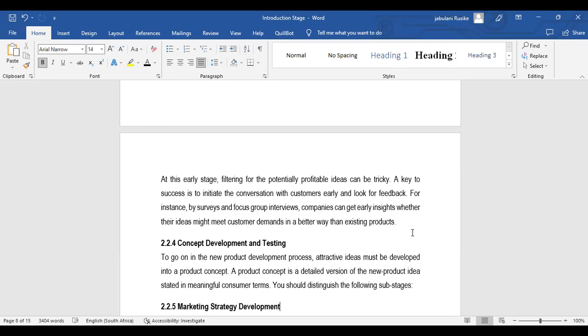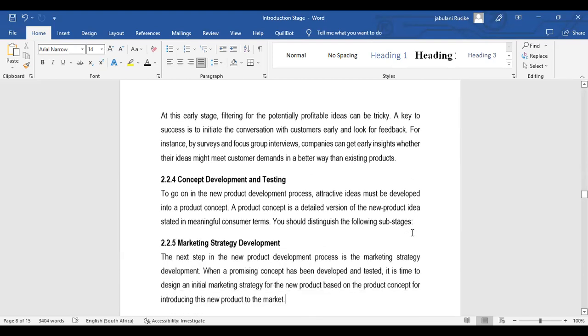So this is what is known as product concept testing, creating a version of the original product so that you can present it and find out if it is the right product that you want. So it is not the final product, but it is more like a photocopy of the original. So that is what is known as product testing, which is stage number 3.